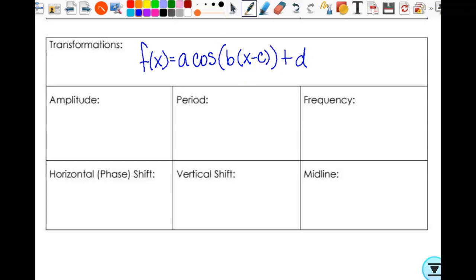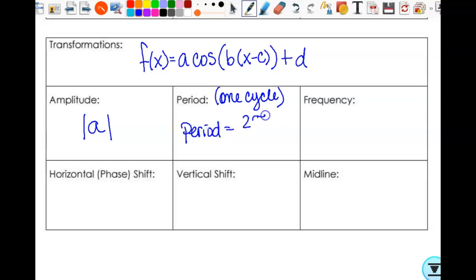So your amplitude, where do we get the amplitude from on here? A. Okay, it's the absolute value of A, right? Your period, which still again is just one cycle, you find it the same way.